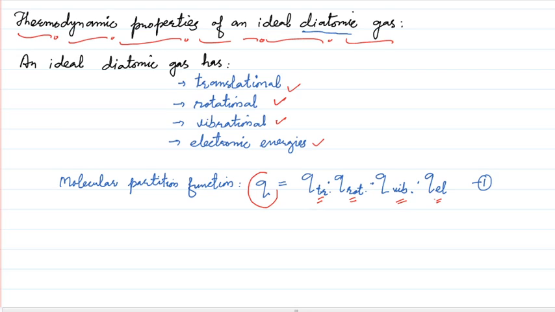But out of these, we have already discussed the translational partition function and the electronic partition function contributions to the molecular partition function while discussing the thermodynamic properties of a monoatomic ideal gas.